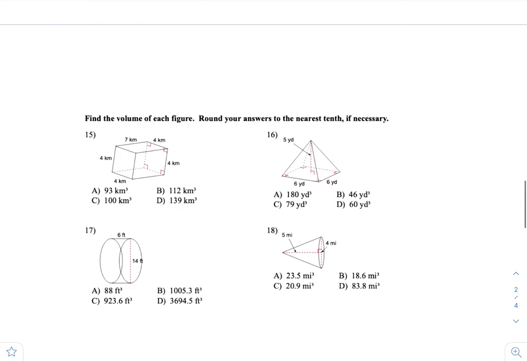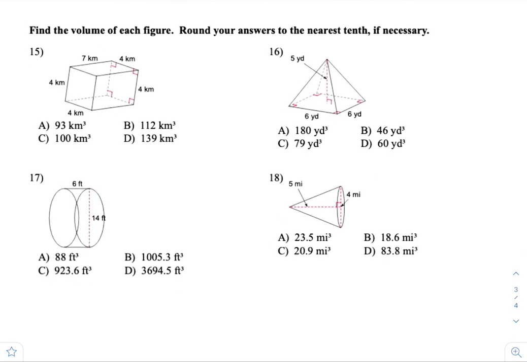And lastly, here are your volume problems. So just remember, for volume of a rectangular prism, it's the area of the base times the height, which is the length times the width times the height. So 4 times 4 times 7 would give you 112 kilometers cubed, which is B. For 16, the volume of a pyramid is 1/3 length times width times height, for a square pyramid or rectangular pyramid.